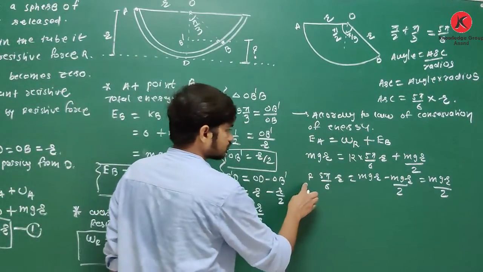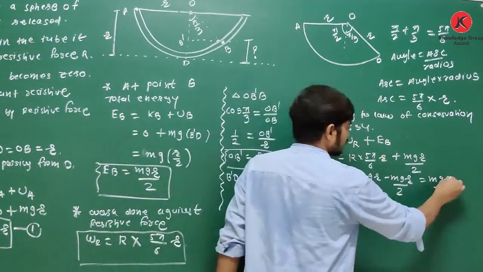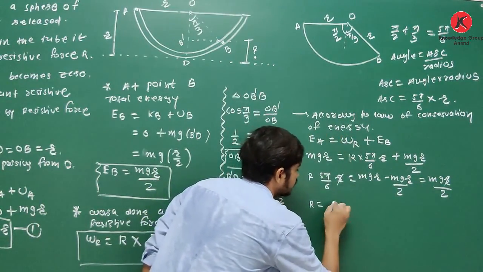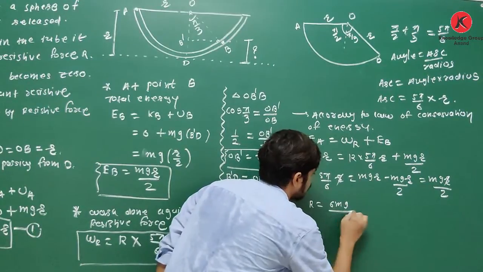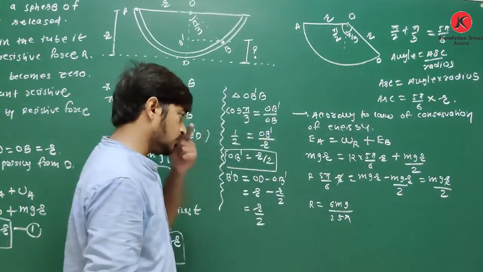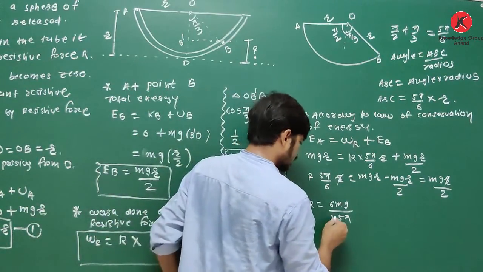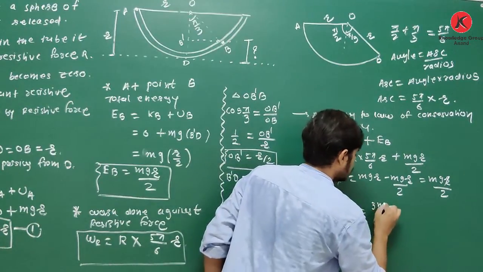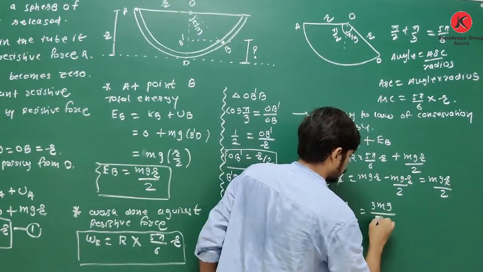Now make this R the subject. This r cancels with this r. Then R is equal to 6 mg upon 2 into 5, so here it is 3 mg upon 5.